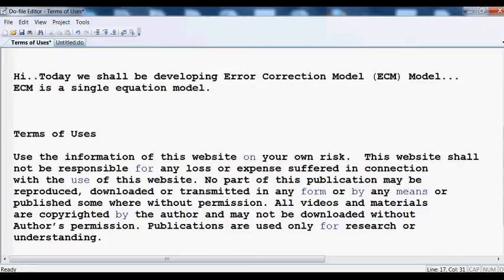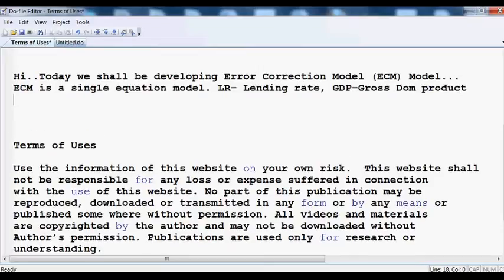And here we have three variables, such as LR. What is LR? Lending rate. Then GDP. What is GDP? Gross domestic product. And finally M. What is M?